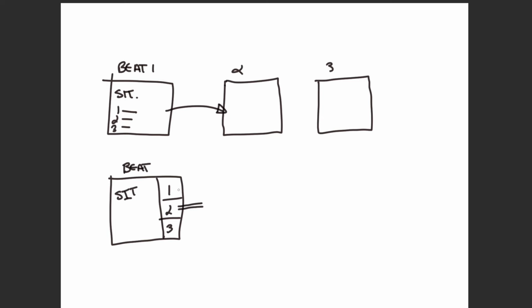But let's say somebody chooses 1. Well, how are they going to get to beat number 2 if they choose 1? How do we get them over here? I don't want to create another branch. I want them to come back over here, right? So how do we get them from beat 1 to beat 2 without going, wrong, try again?